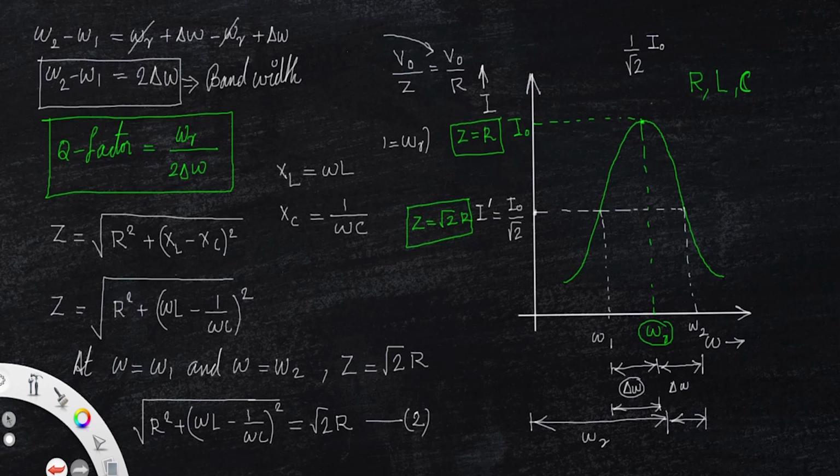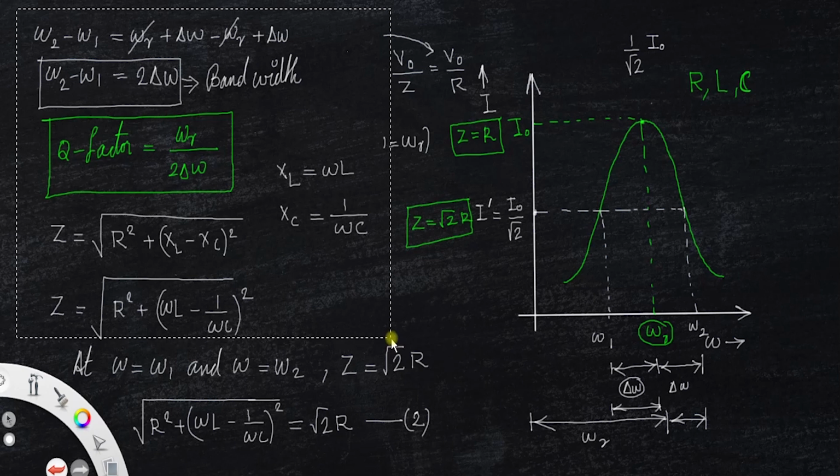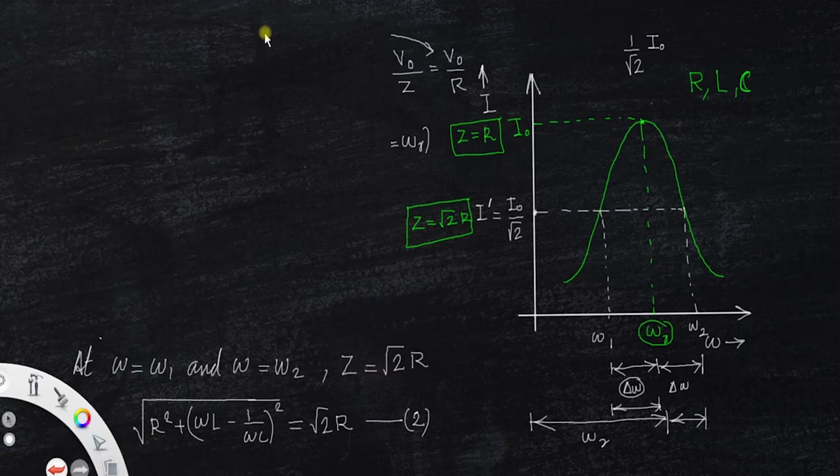You always keep this in mind: quality factor equals omega R by 2 delta omega, or bandwidth. Now squaring both sides, we can remove the root on the left side.